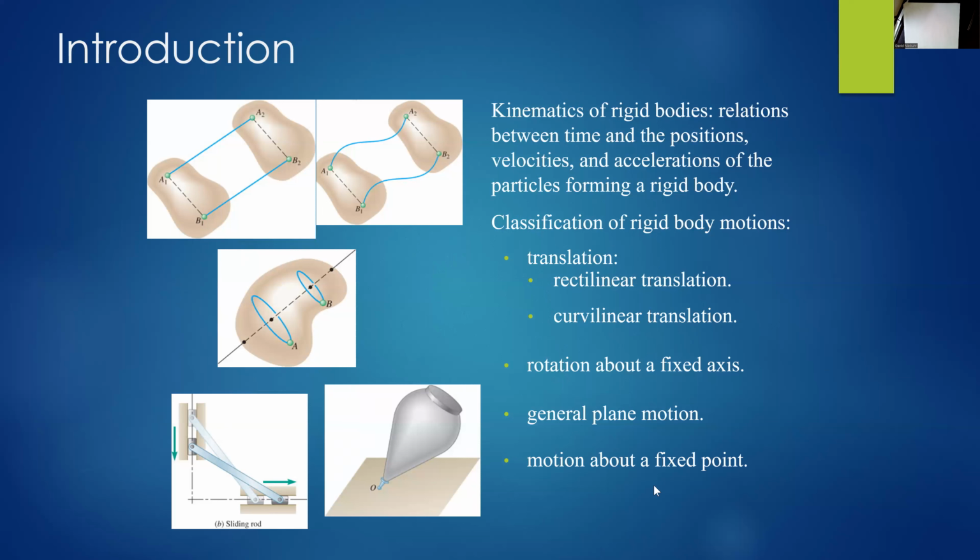Oh, and lastly, motion about a fixed point. So those are the five categories that we have for this chapter 15. And then general motion, which pretty much combines everything. So everything I've pointed out and that's bulleted here is going to be built upon the previous part.